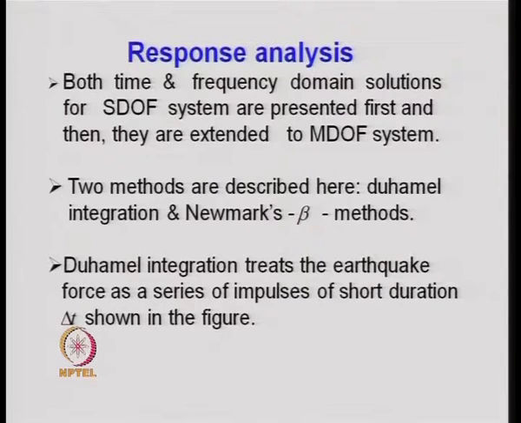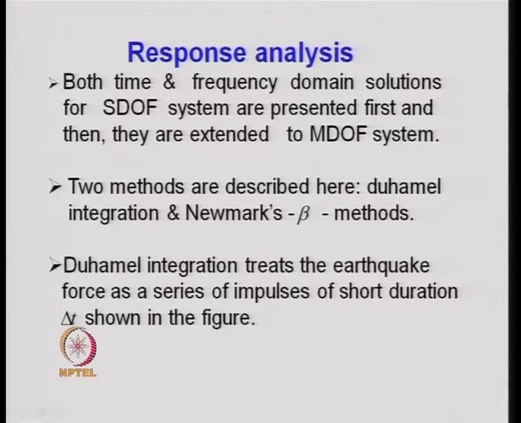That is what we call the response analysis. The response analysis can be carried out both in the time and frequency domain, and first we will take up the single degree of freedom system, and the methodology that we adopt for solving it will be extended to multi degree of freedom systems later.